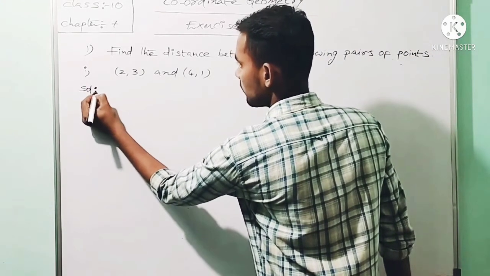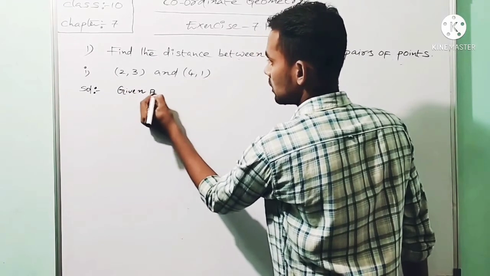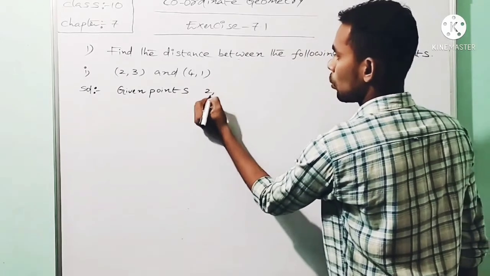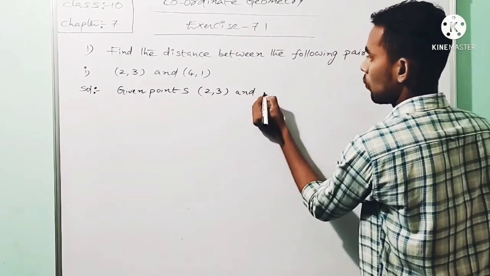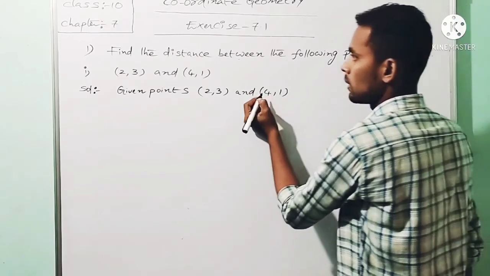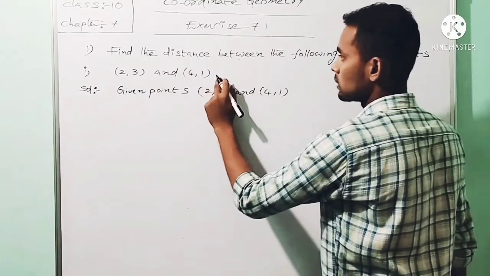Solution. Given points (2, 3) and (4, 1). The distance between the 2 points.